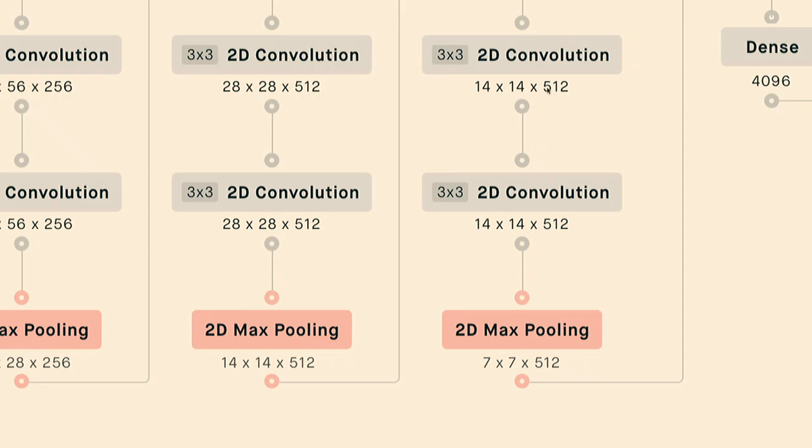Each of them somehow extracted features using a different set of weights, different filters, and those filters try to do the convolution in a way that they extract some specific features. Now, you can actually visualize this. For example, you can draw a heat map for every single one of them.